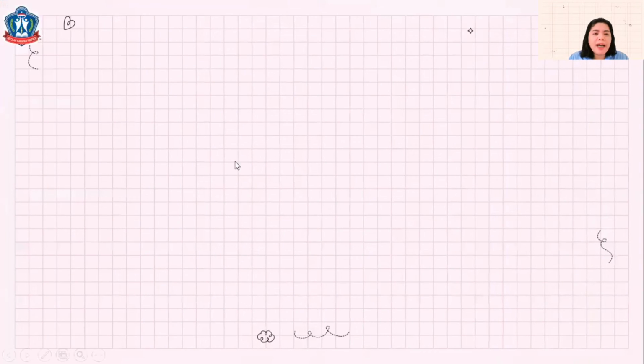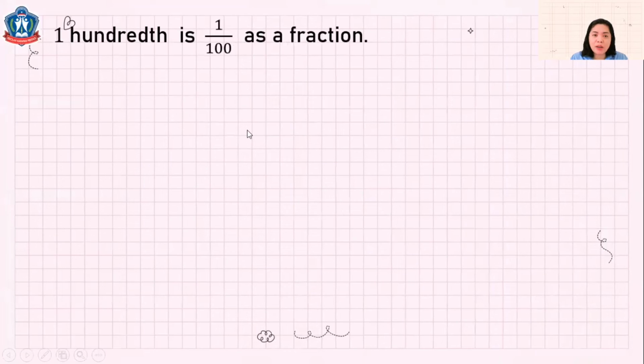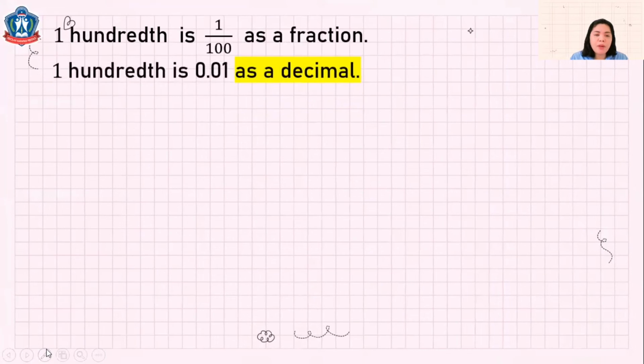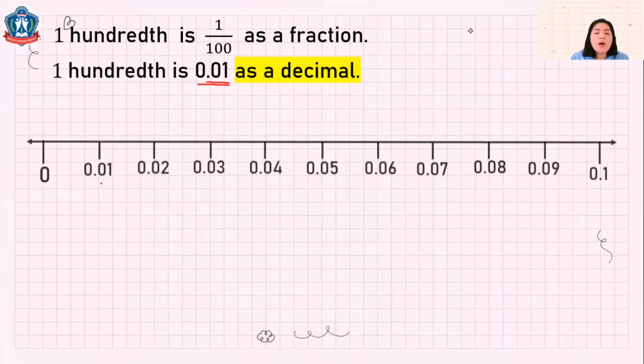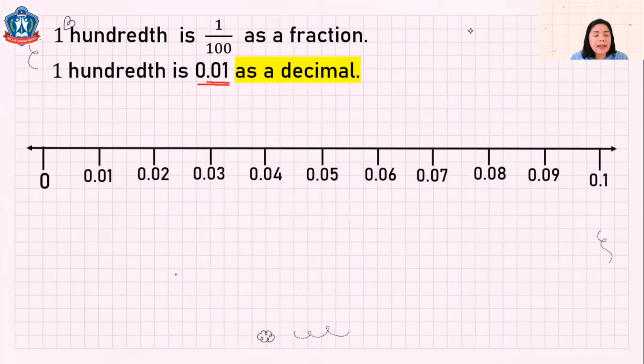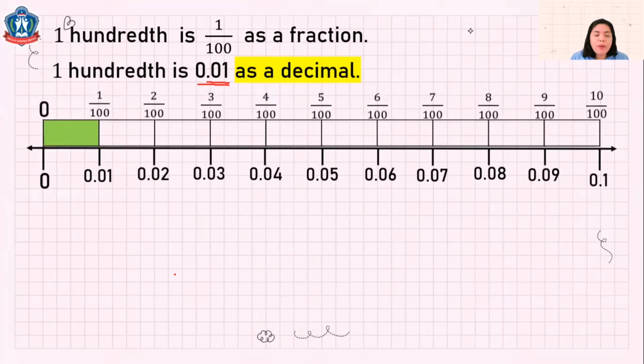Okay, how about in hundredths? Okay, so 1/100 is 1/100 as a fraction. As you remember, when we write this as a decimal, this is 0.01. It has 2 decimal places after the decimal point. So, comparing and using the number line, we can see clearly the equivalence of the fraction and decimal.